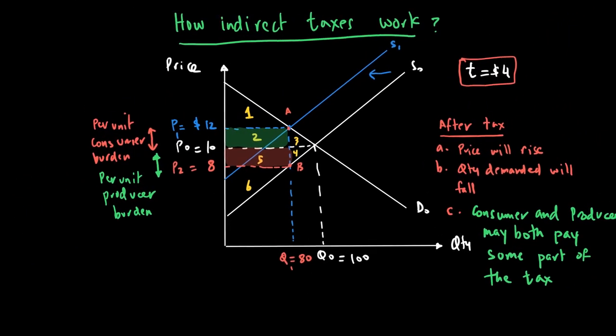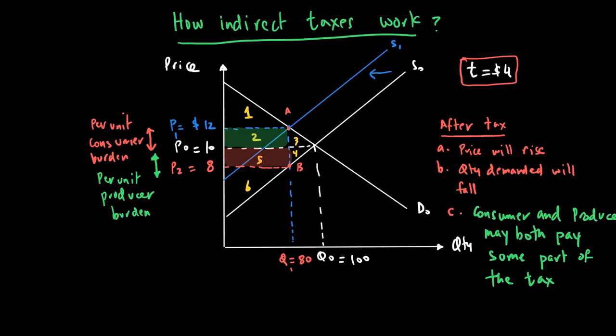So let's start. Before tax, my price was P naught, my quantity was Q naught. So the price is P naught, the quantity is Q naught, and the area under the demand curve is this much. So my consumer surplus, the area under the demand curve above the market price of $10, is 1 plus 2 plus 3.